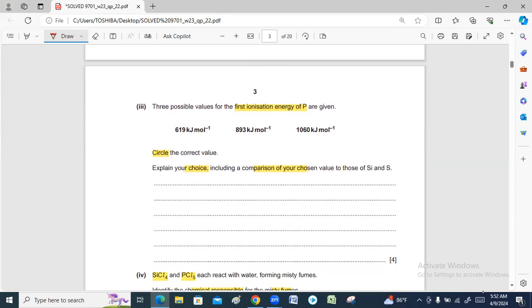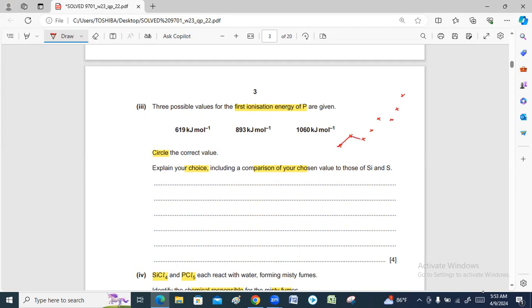Three possible values for the first ionization energy of phosphorus are given. Circle the correct one and explain your choice, including a comparison of your chosen value to those of silicon and sulfur. Now, if we look at the graph of the ionization energy for the third period, this is sodium, this is magnesium, then aluminium, then silicon, then phosphorus, sulfur, chlorine, argon.